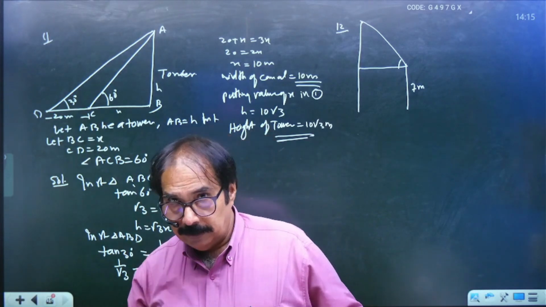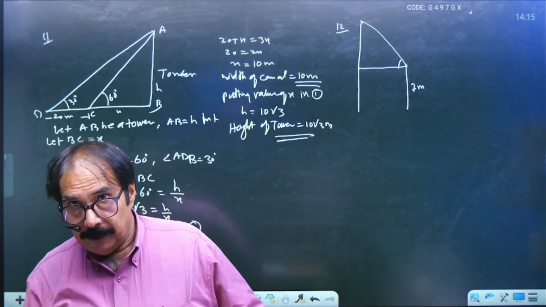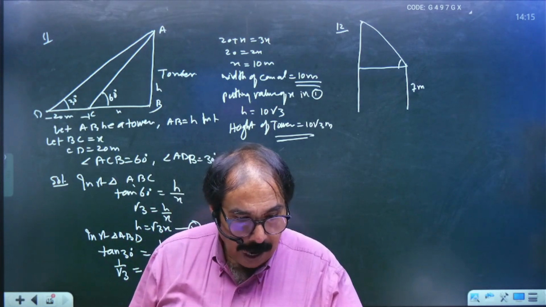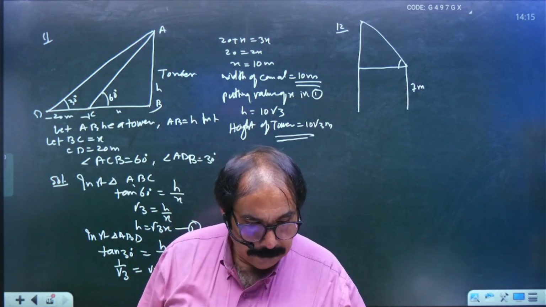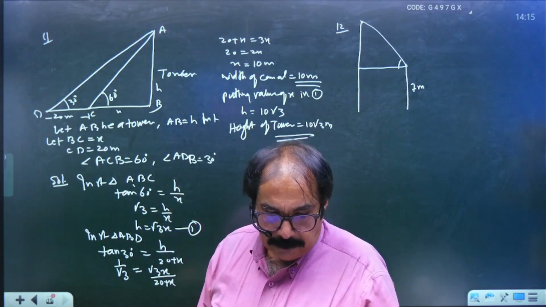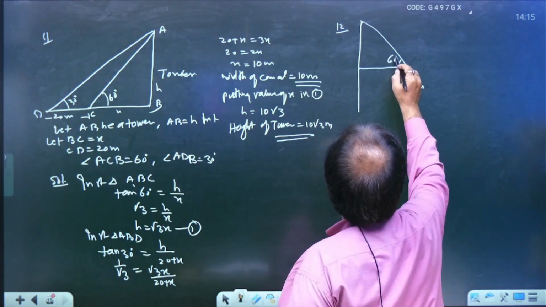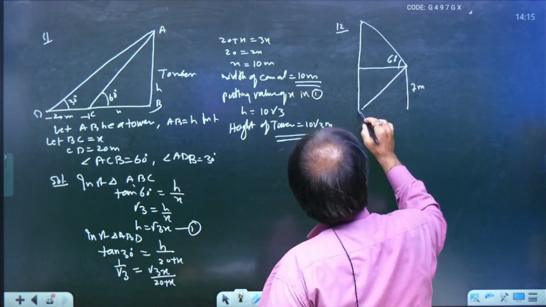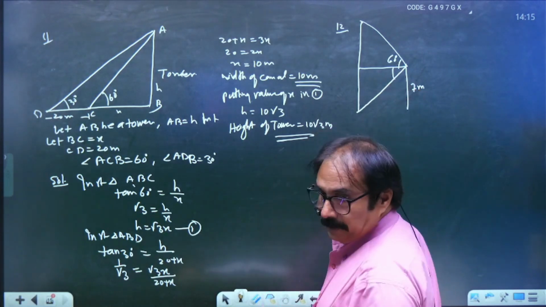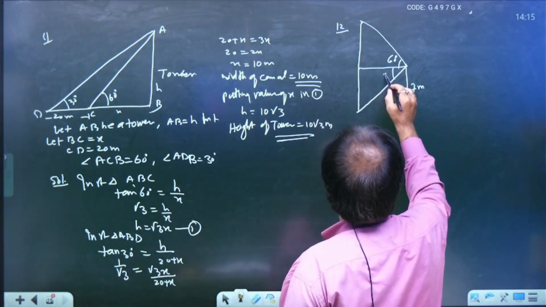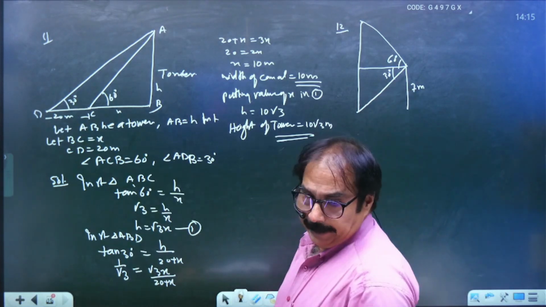The angle of elevation of the top of the tower is 60 degrees. This angle is 60 degrees, and the angle of depression to the foot of the tower is 30 degrees. This depression angle is given as 30 degrees.